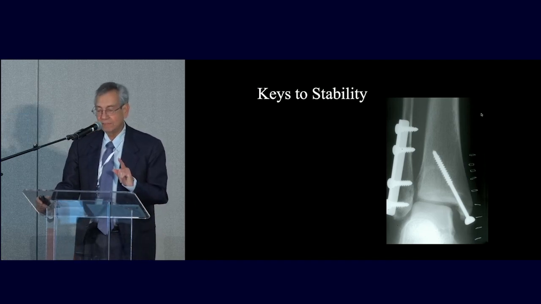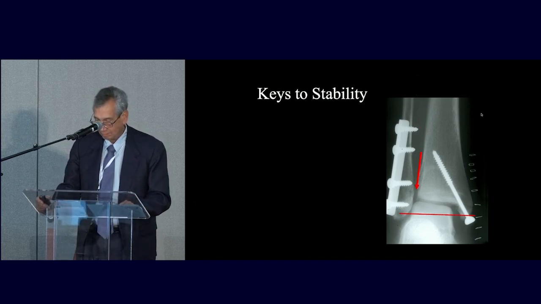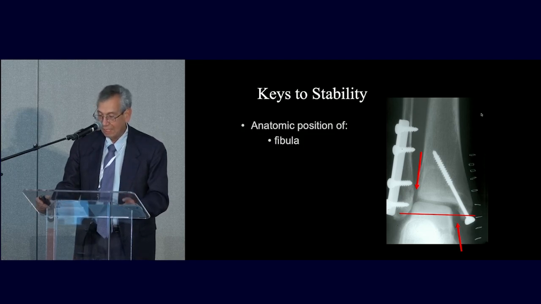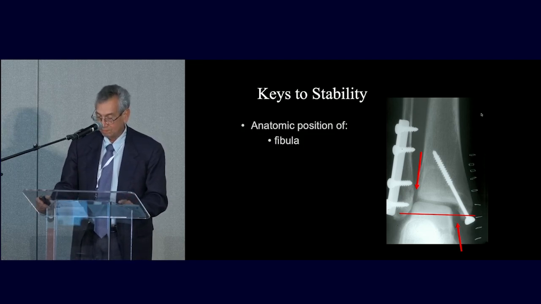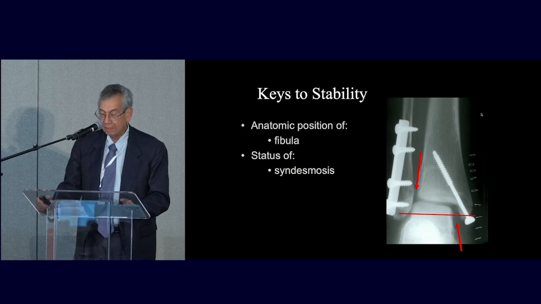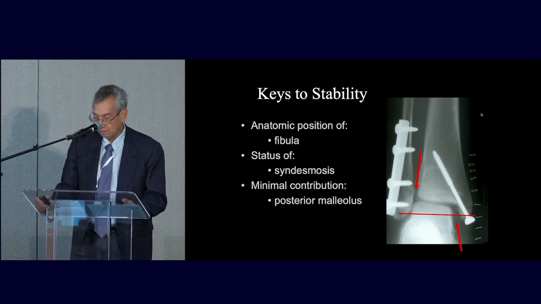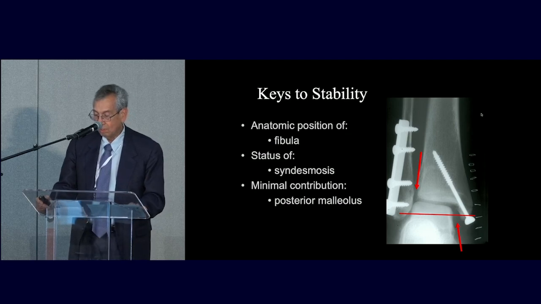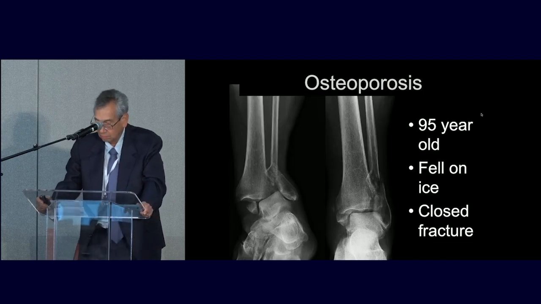Key for the stability: we want to check the anatomic position of the fibula, the status of the syndesmosis, and the minimal contribution of the posterior malleolus.